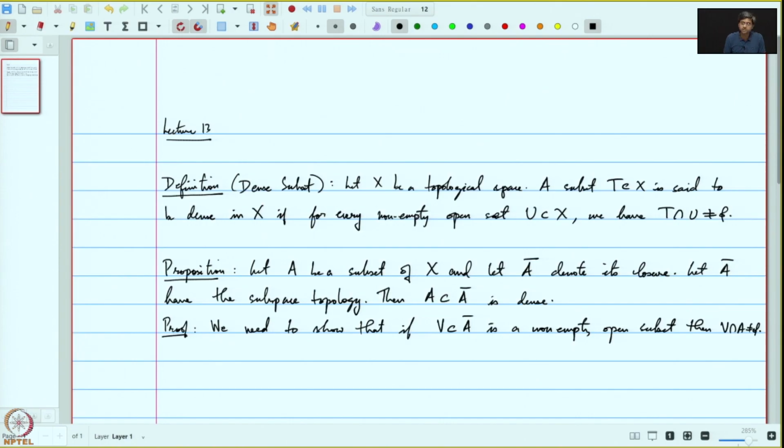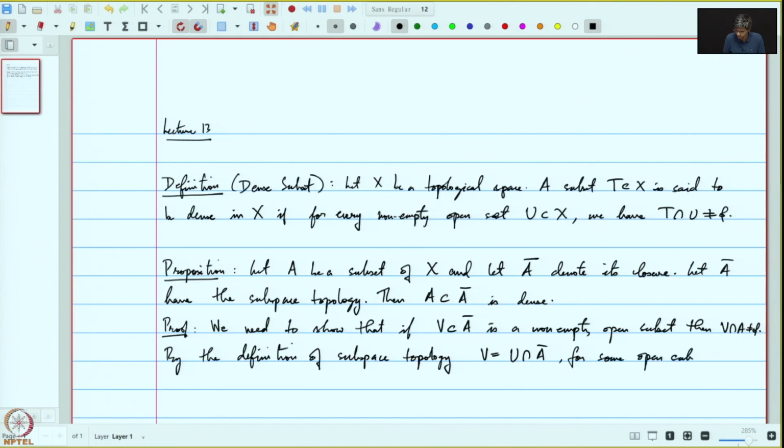By the definition of subspace topology, this set V is equal to U intersection A closure for some U open in X. And as V is non-empty, there exists some x in V, which is equal to U intersection A closure.